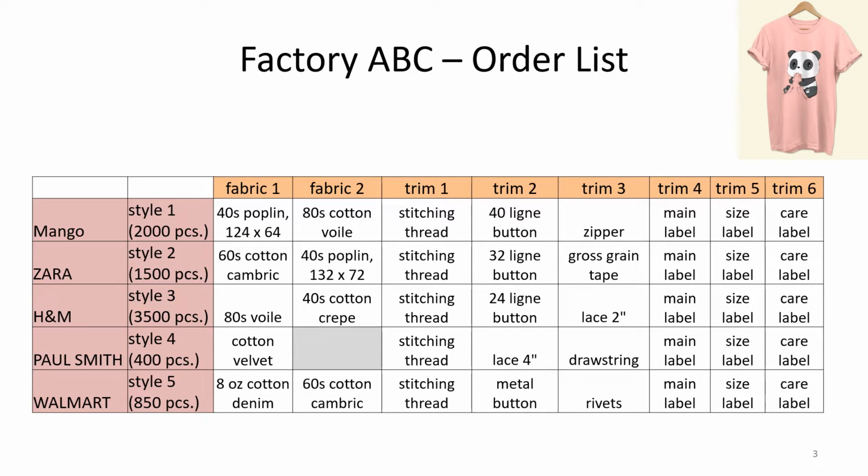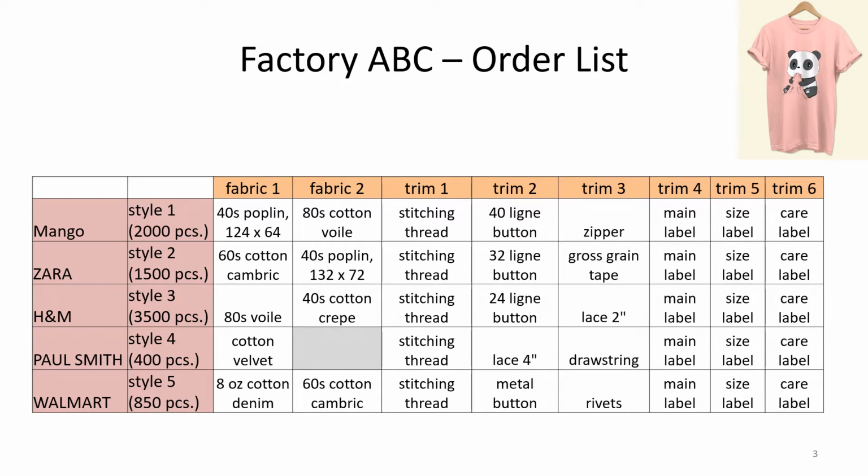And every order has a requirement of fabric 1 and then fabric 2. For Paul Smith, if you see the fourth row, the style number is style 4. It has a quantity of only 400 pieces, and it is made of only one fabric, which is cotton velvet. And then, of course, stitching thread would be used to stitch it.